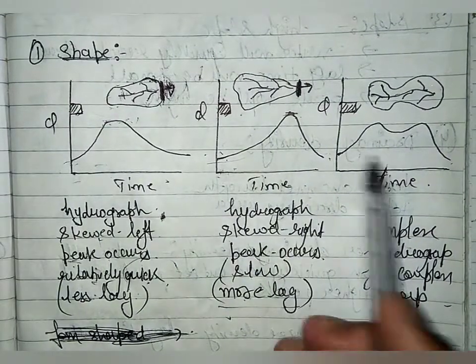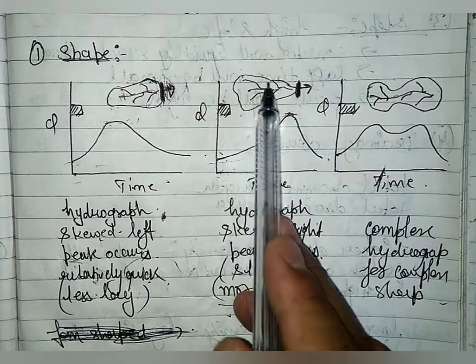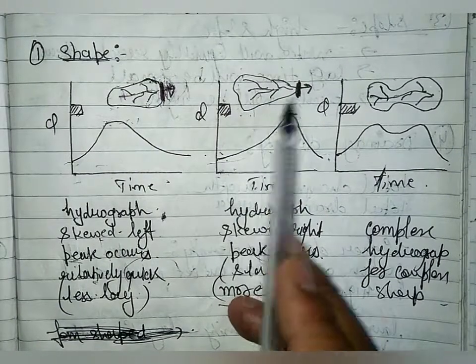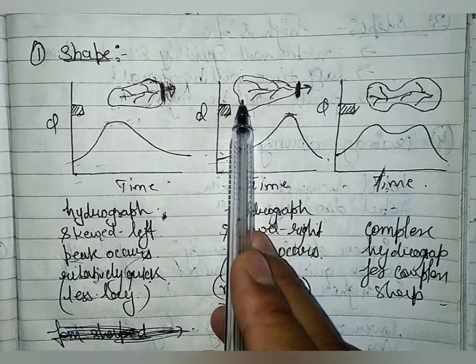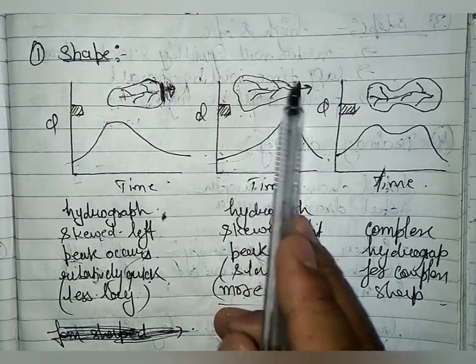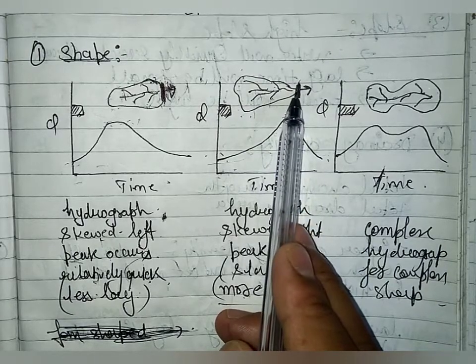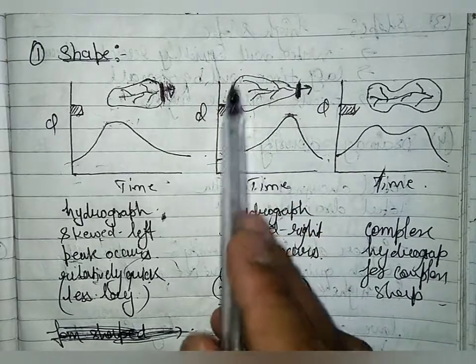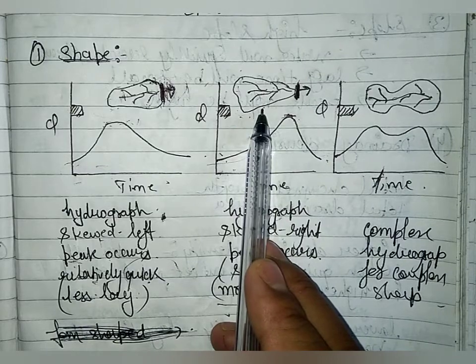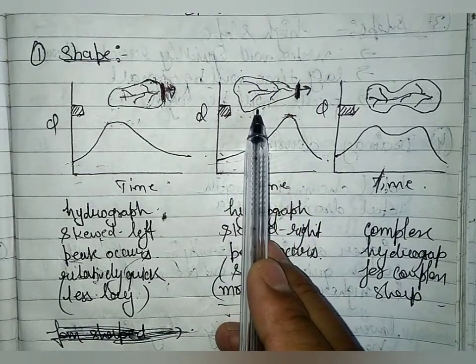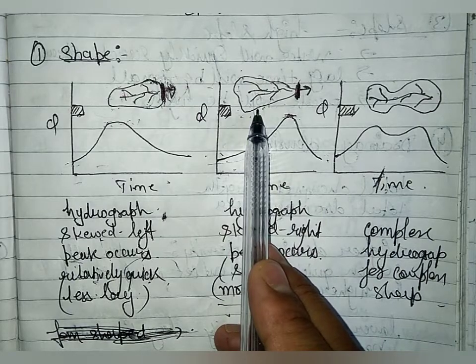And why is this happening? Because from the various parts of the catchment, the water will reach this mainstream, and after that it will reach the outlet point, and it will take a lot of time. So the time duration will be more in the case of this type of catchment.